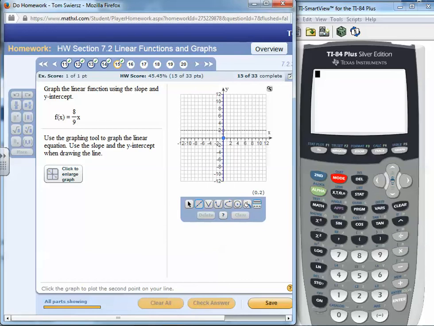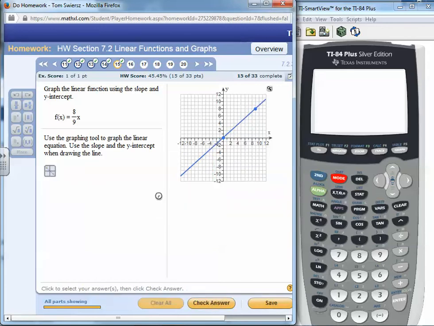Now the slope was up 8 and over 9, which would actually bring us to the point 9, 8, because up 8 is the y coordinate, which is the second coordinate, and the x coordinate is in the denominator, the first coordinate, which is 9. So there's our second point. Check our answer, and again, we get the correct answer.